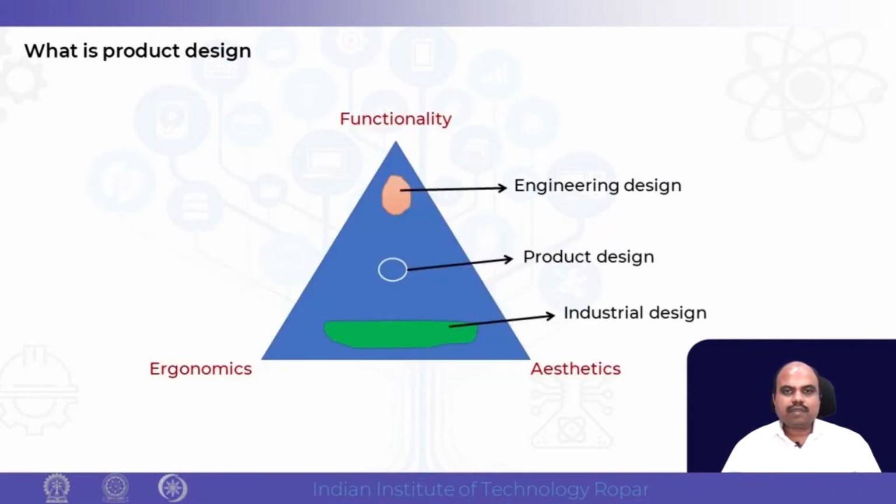When we talk about product design, three things come to mind. There is a little difference between industrial design, product design, and engineering design. They are all very similar, and some of them are quite similar to each other. But when you talk about product design, generally for any product, we have three important things.